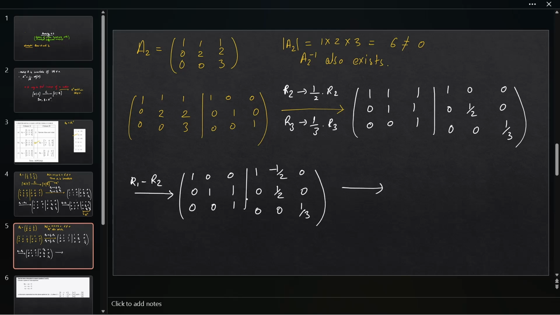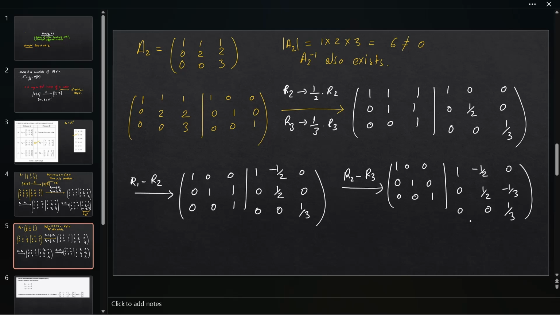And now to make this an identity matrix, we will just say R2 minus R3. That will make it 1 0 0, 0 1 0, and then 0 0 1. And this will become 1 minus 1 by 2 0, 0 1 by 2, and minus 1 by 3. Then I have 0 0 1 by 3 over here. And this matrix is my A2 inverse.